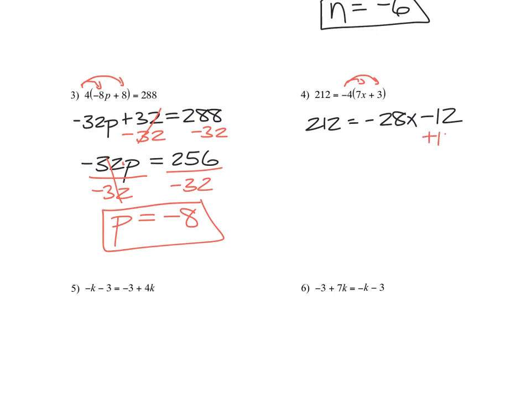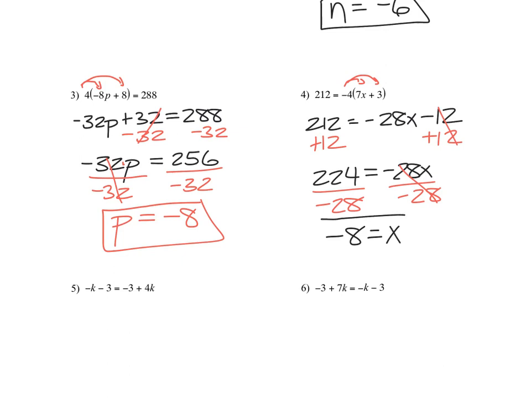Now I'm going to add 12 to both sides. That's going to cancel. So that's 224 equals negative 28x. Now I need to divide by negative 28. So again, grab your calculator. 224 divided by negative 28, and that's a negative 8 also. So negative 8 equals x.